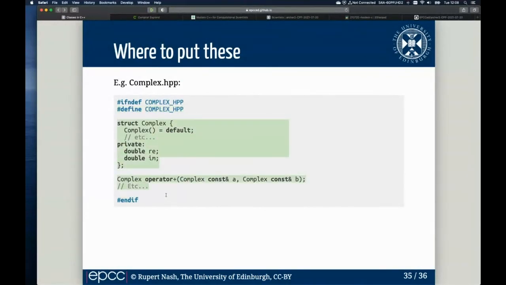Then you have the stuff that you want to expose in your header, and then at the end of the file you have your #endif, which ends the if block. So much like, for example, Fortran, where you have keywords to begin a function and end a function and so on.